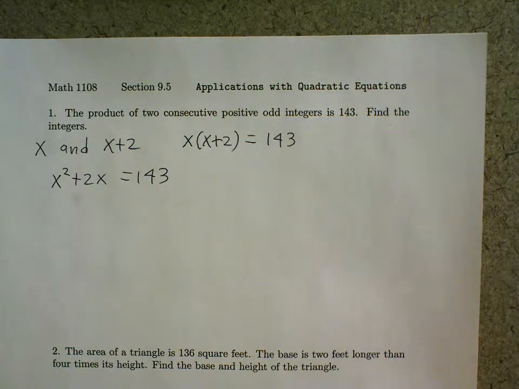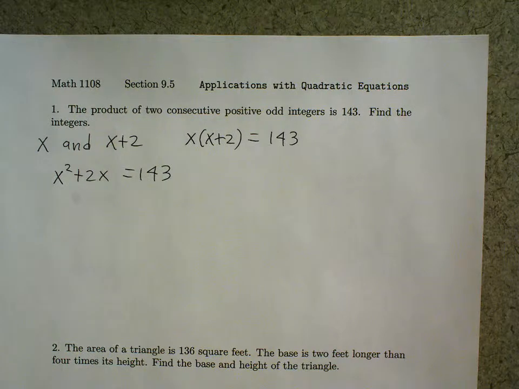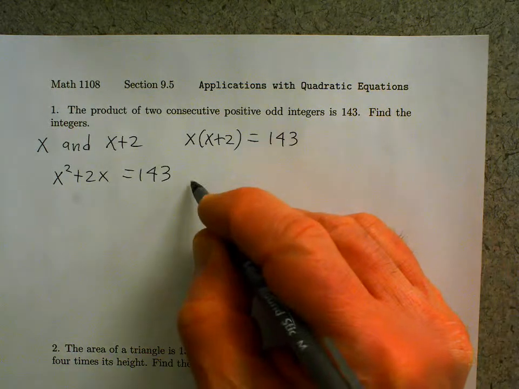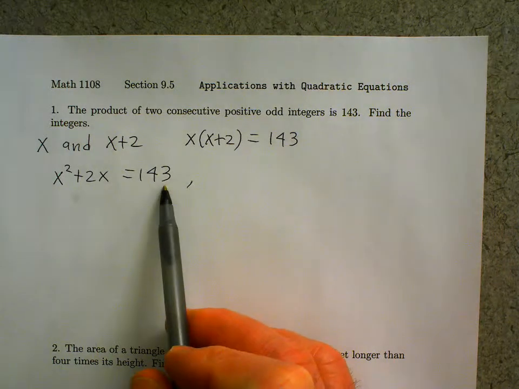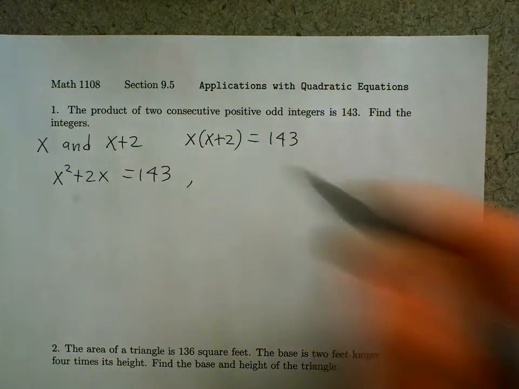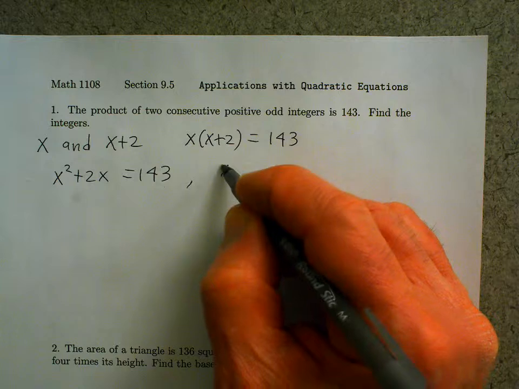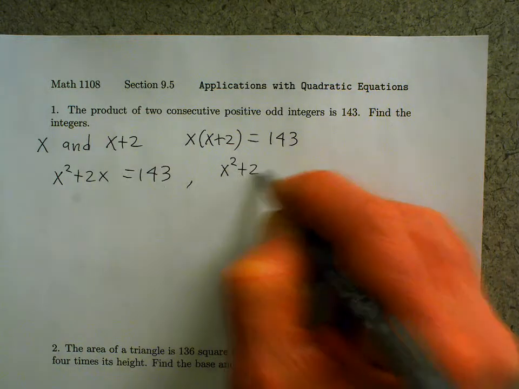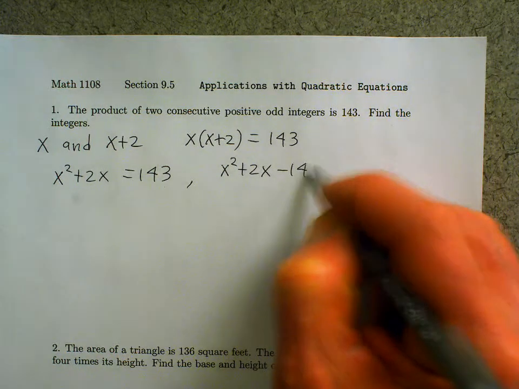So what method do you want to use? Quadratic formula? Okay, we can use the quadratic formula. So we subtract 143 from both sides, and we get x squared plus 2x minus 143 equals 0.